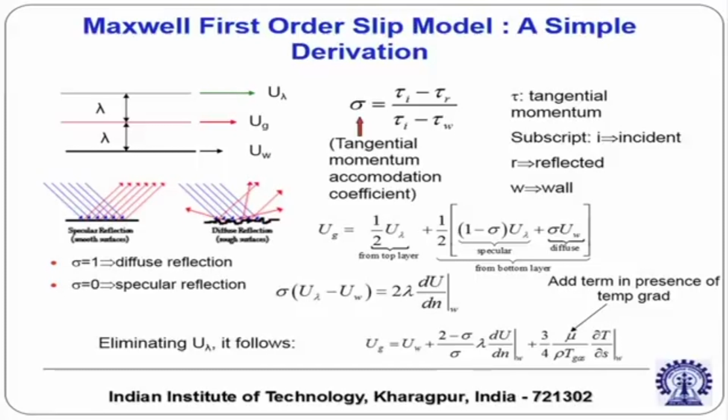Now, the more interesting issue is about the possibility of slip boundary condition for liquids. This is an interesting issue because of several points. The first and foremost point is that for gases, slip boundary condition is something which may not be very intuitive, but relatively more intuitive than liquids.